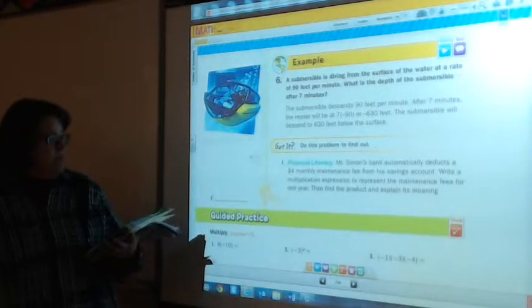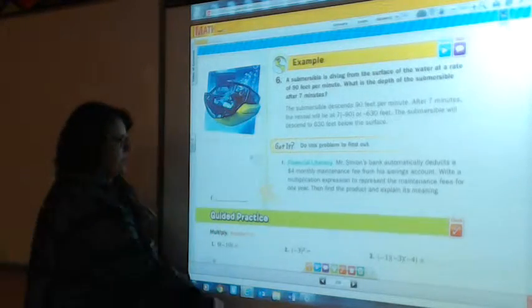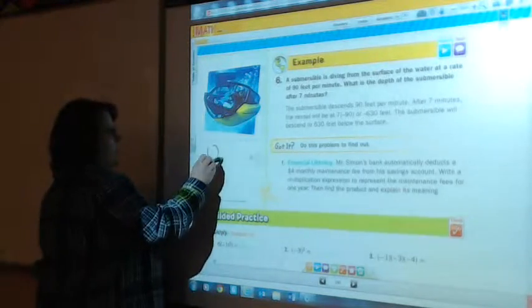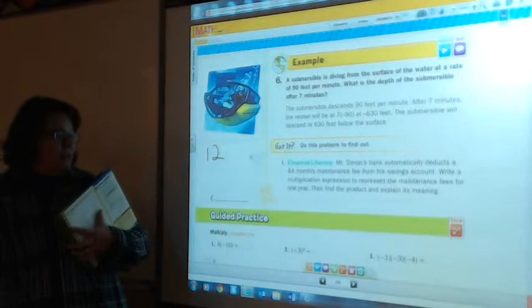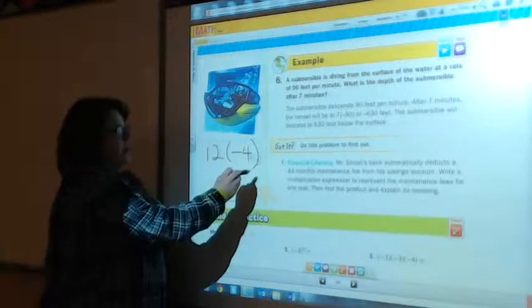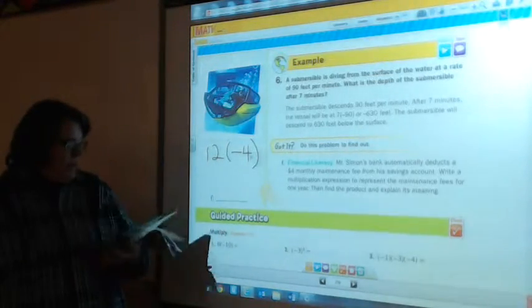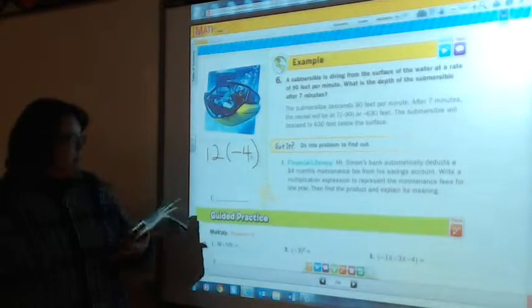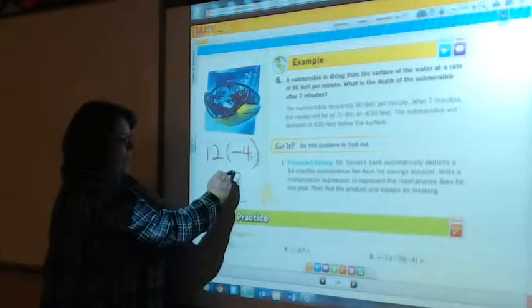Okay, so the first thing you need to know is how many months are in a year. So you should know that there are 12 months in a year. So that's 12, okay? And if they deduct a $4 monthly maintenance fee, that would be the integer, which would be a -4. So you would take 12 times a -4. So take 12 times 4, which is 48.